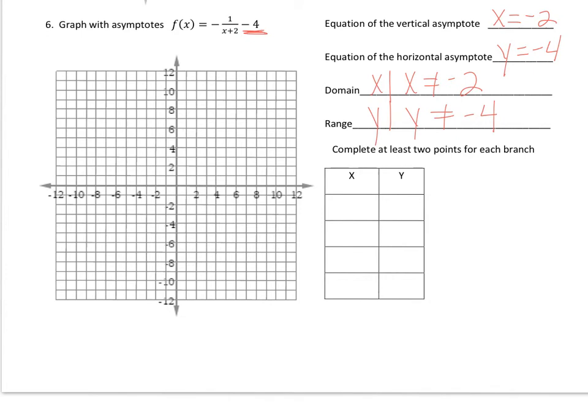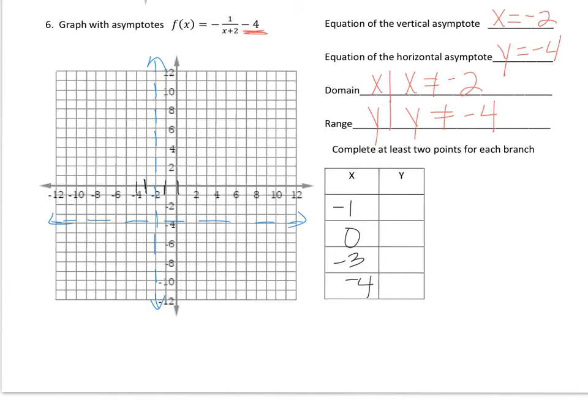So let's draw those on here. Let's see, x equals negative 2. And y equals negative 4. So what values do we want to pick to plug into our function? Well, let's look at negative 1 and 0. And then two numbers on the left side, negative 3 and negative 4.